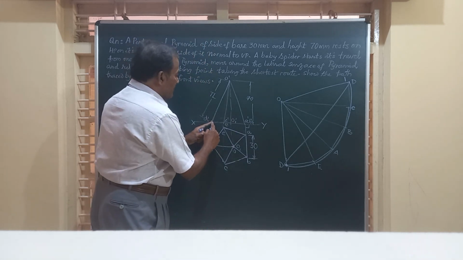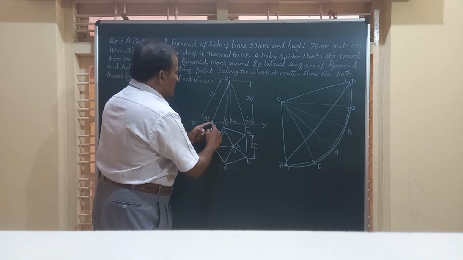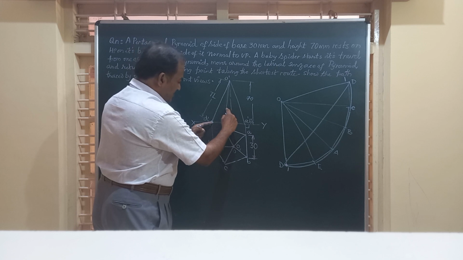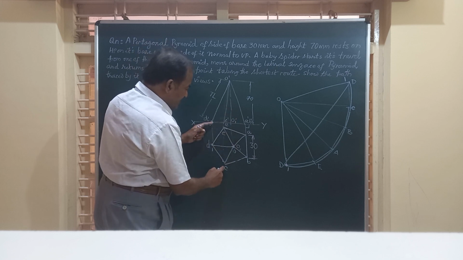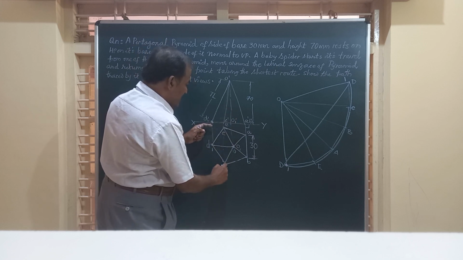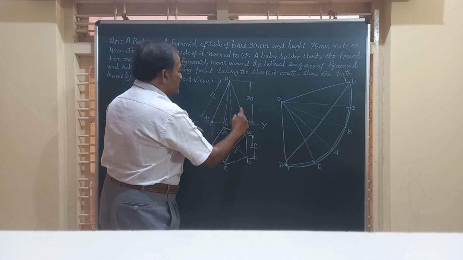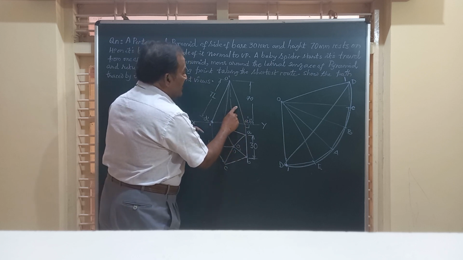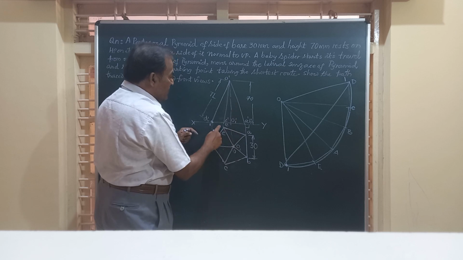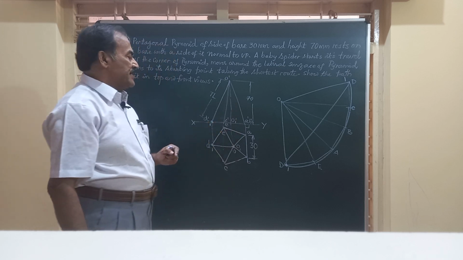So it is going to start from here, then go to C, sorry, D. From there it moves to this point A and B, then comes back to E, returns to the starting point A.